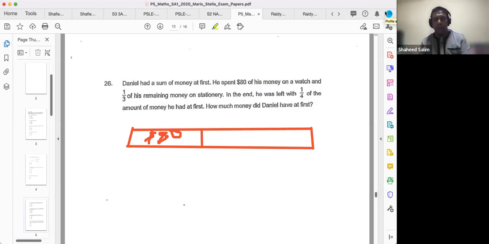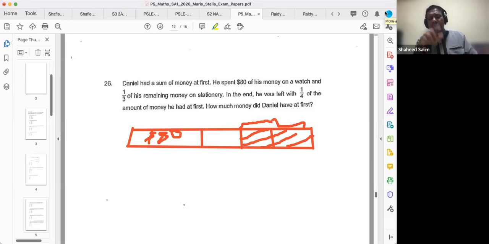Good, first part of the model, okay. And then, yes, good. Only thing you may want to redraw after that, but it's okay, no problem. In the end, he's left with 1/4. So that is 1/4 of the whole money. So altogether, how many quarters altogether? That is 2 quarters, right?